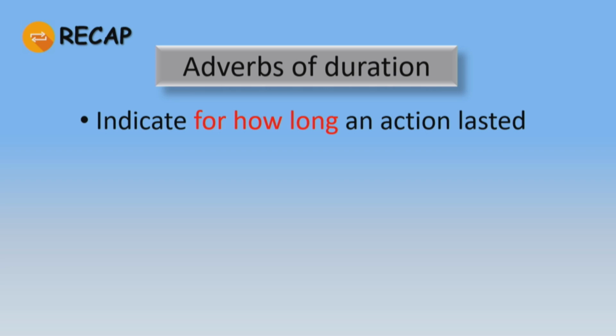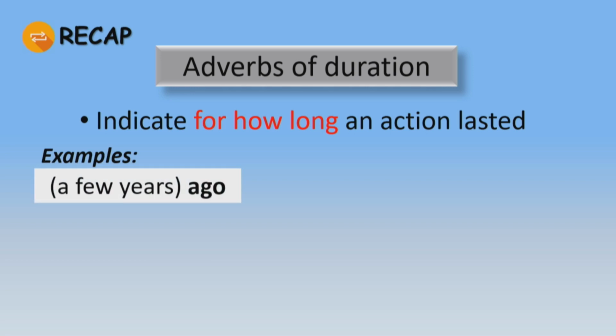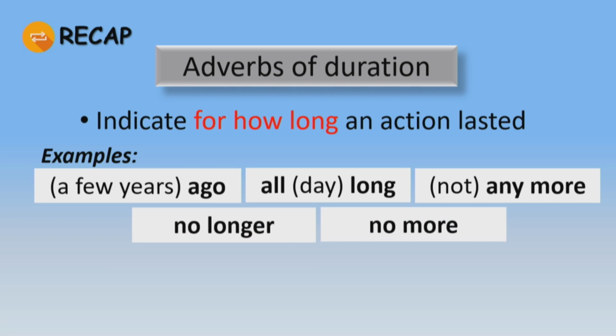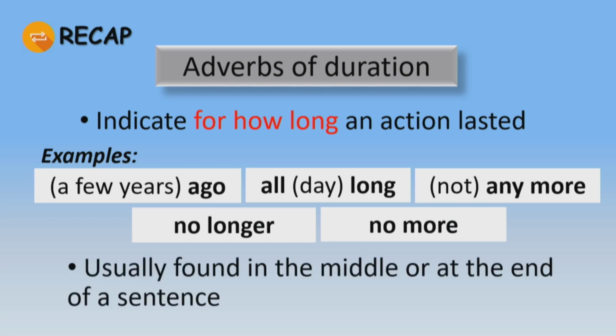Some examples of adverbs of duration are, for example, a few years ago, or, for example, all day long, for example, not anymore, no longer, no more. Adverbs of duration are usually found in the middle or at the end of a sentence.